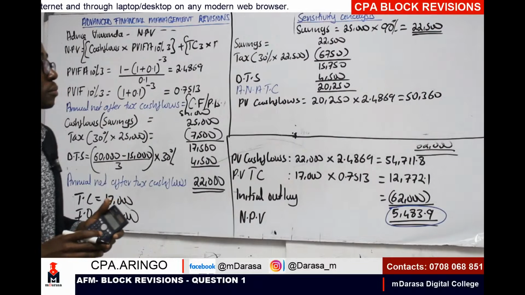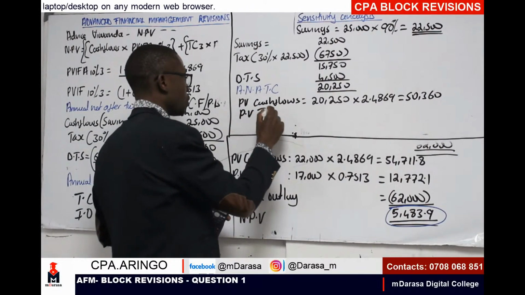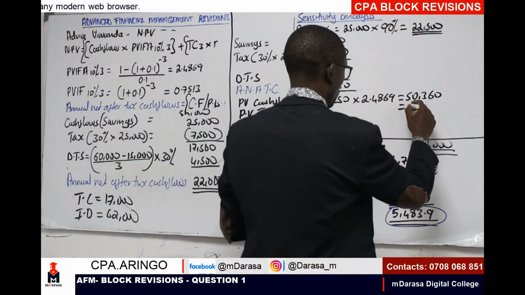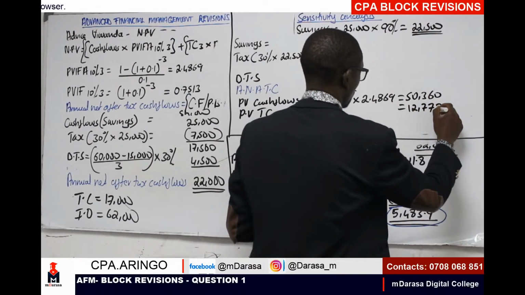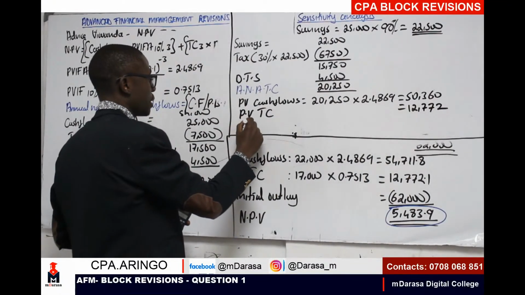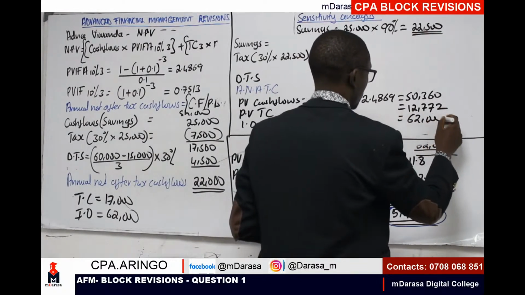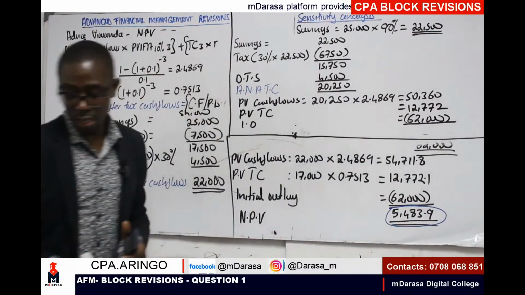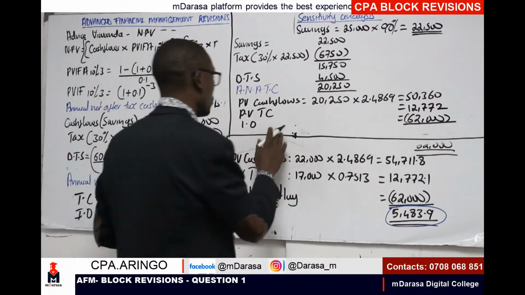Okay. My present value of our terminal cash flows will just be the same, 12,772. Initial outlay will not change, 62,000. So that is to say, our NPV, we should be talking of how much?